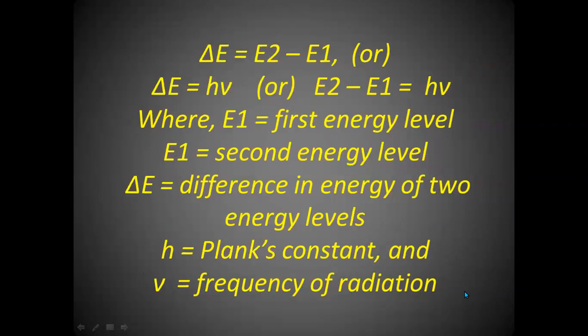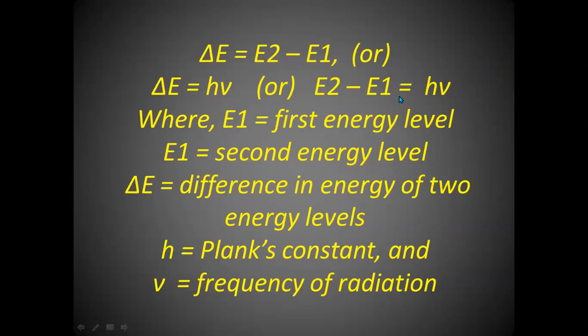And what is h nu? H nu is called quanta or photon. So energy is absorbed or emitted by a body in photons. We can also write this as n h nu, where the small n can be 0, 1, 2, 3, etc., a number.